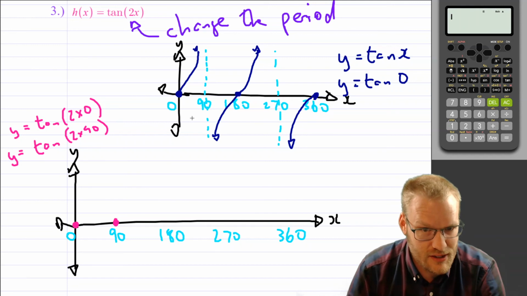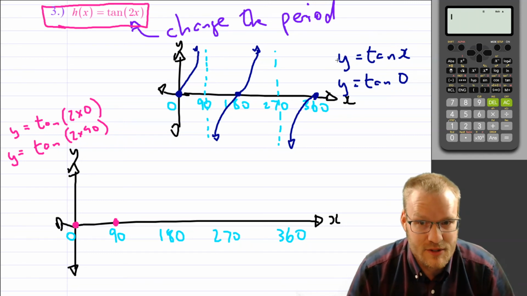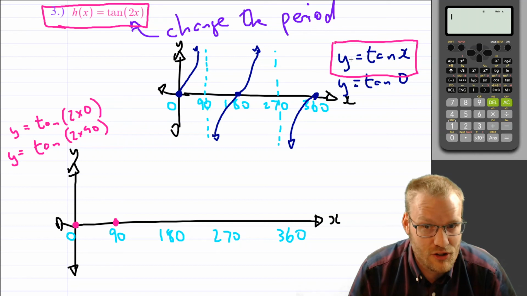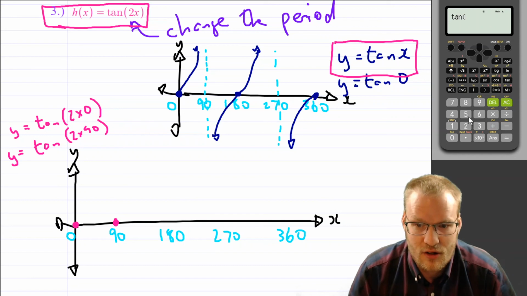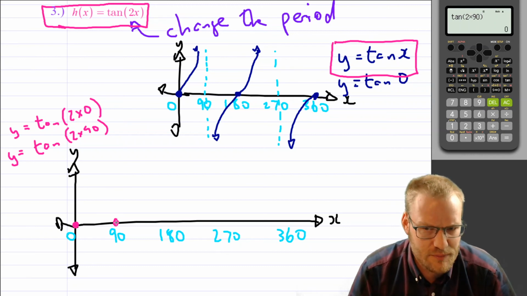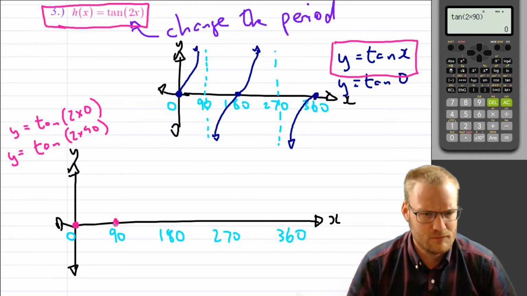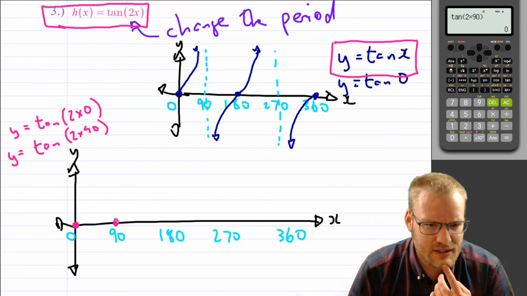In other words, when we input 90 into our graph, it will be the same as looking at our original graph y equals tan x at 180. So tan of 2 times 90, in other words tan of 180, is 0. Interesting. That was at 180, and it's happened twice as quickly.